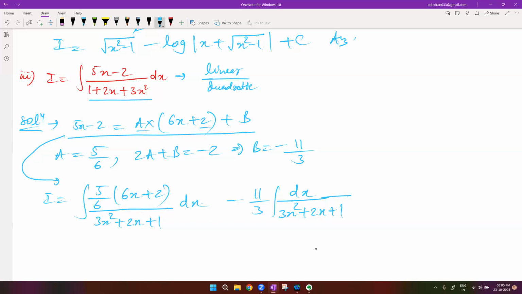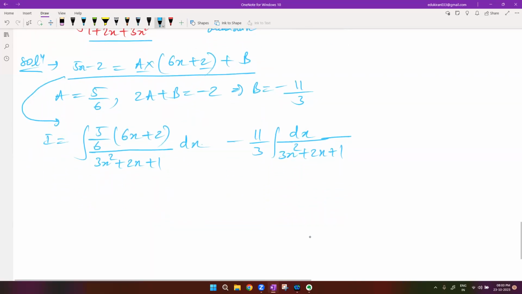Now this first part 5 by 6 into (6x plus 2), we can use substitution here to solve this. So what we can do is put this 3x square plus 2x plus 1 as t, right? Then this whole (6x plus 2) into dx will be dt.